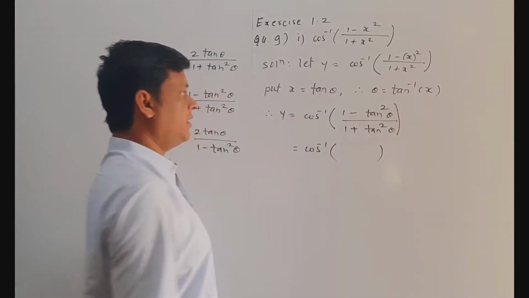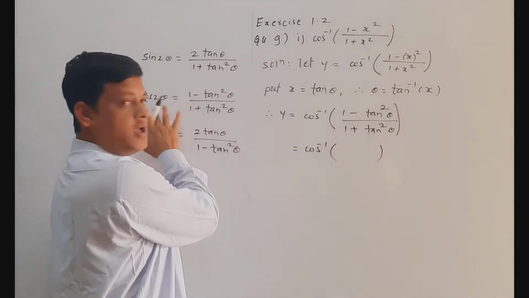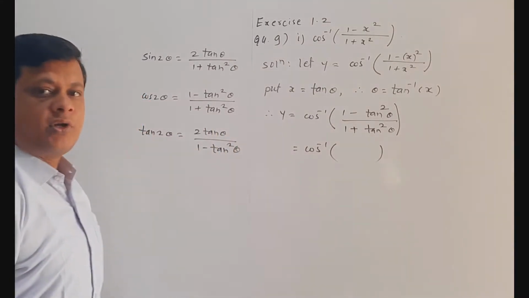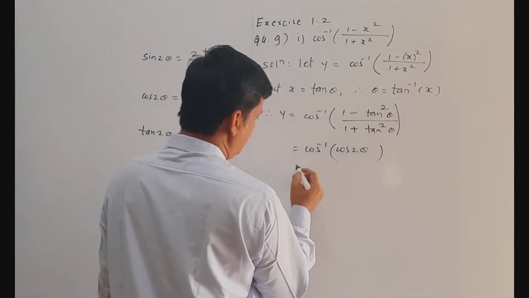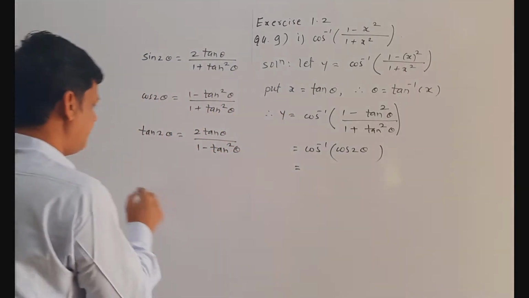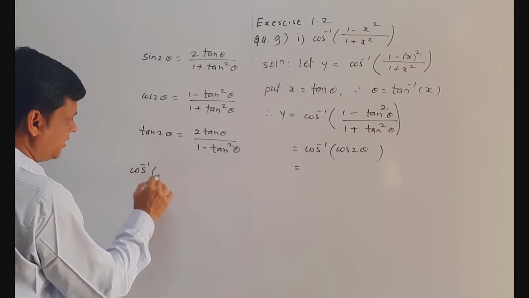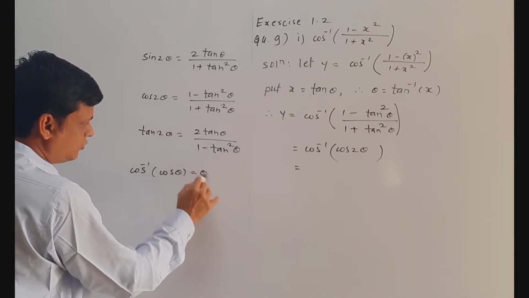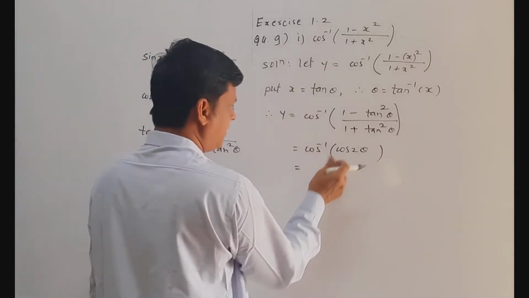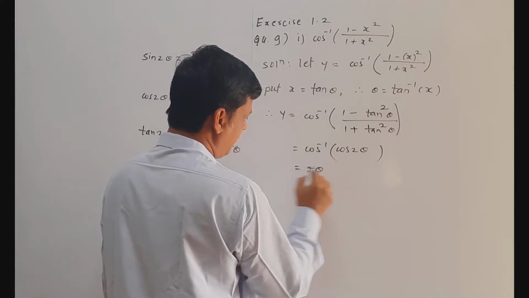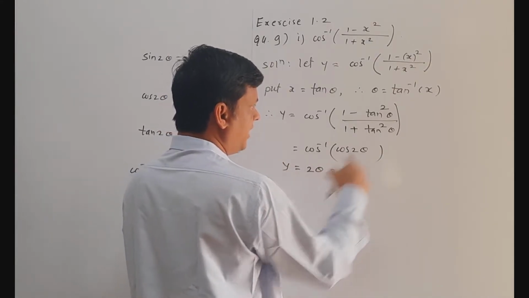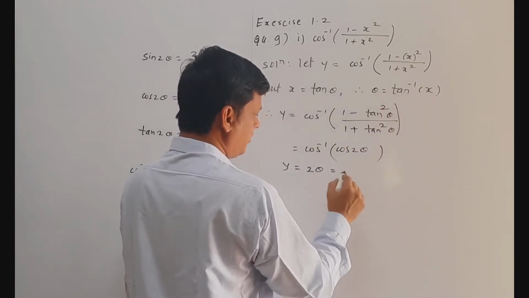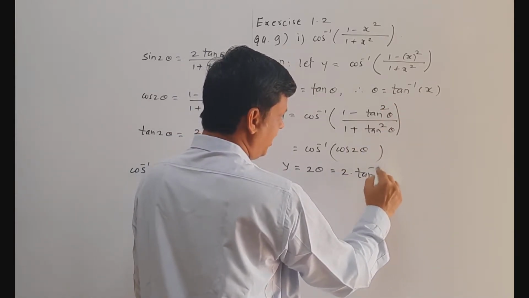So 1 minus tan square theta upon 1 plus tan square theta we replace by cos 2 theta. In the bracket we have cos 2 theta, and we know the property cos inverse of cos theta is equal to theta. So y is equal to 2 theta. Now replace the value of theta in terms of x, so we write 2 into tan inverse of x.